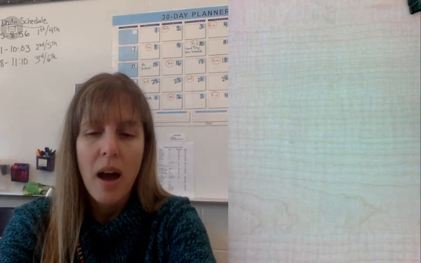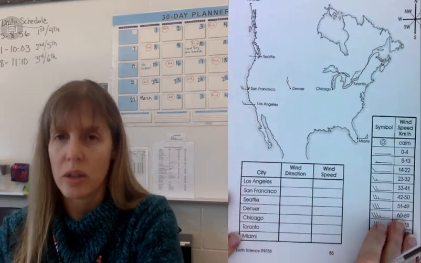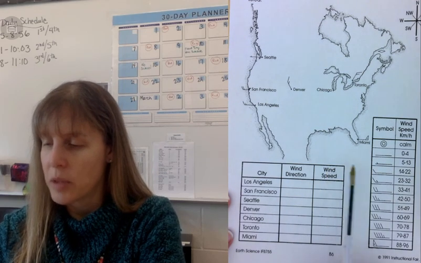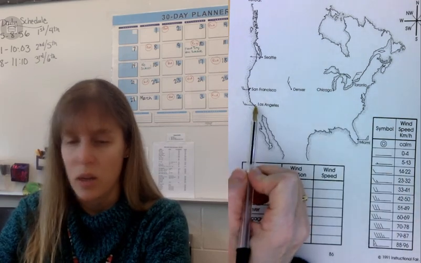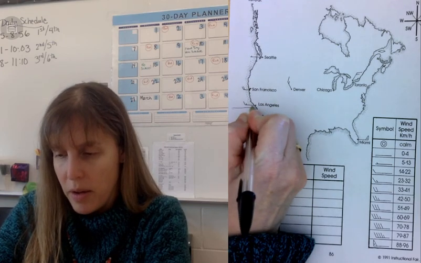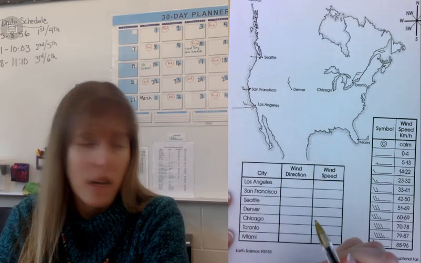Let me show you something super cool. I'm going to go to weather maps really quick here and look at wind speed, because this is one of the trickiest things to look at. Wind speed, you always talk about where it comes from. So in Los Angeles, this arrow is going this way, right, towards Los Angeles.